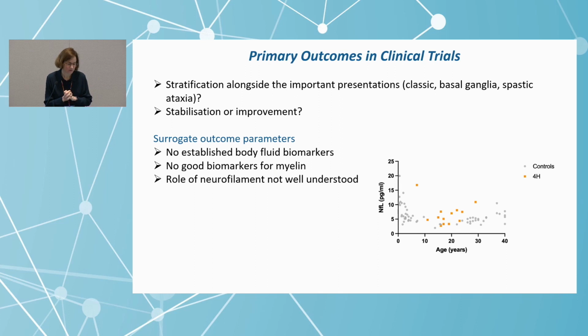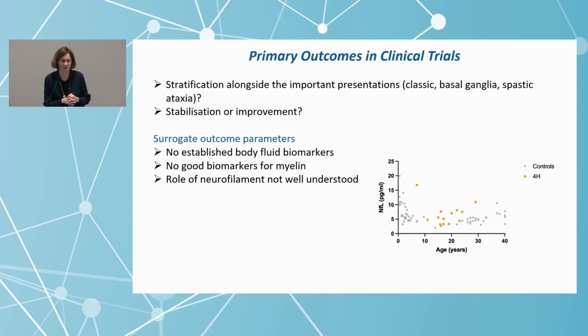To look for stabilization, certainly in those very typical-for-age patients, is also, given the scarce, precise natural history data we have, still a challenge. We don't have established body fluid biomarkers. We don't have good biomarkers for myelin.